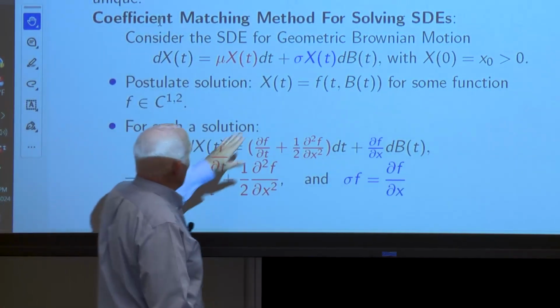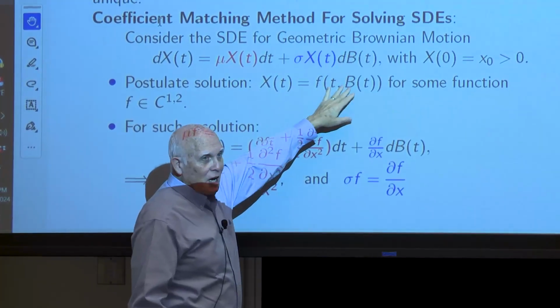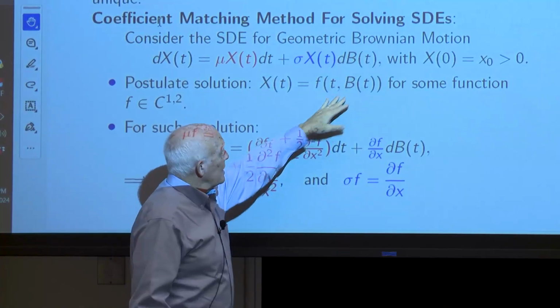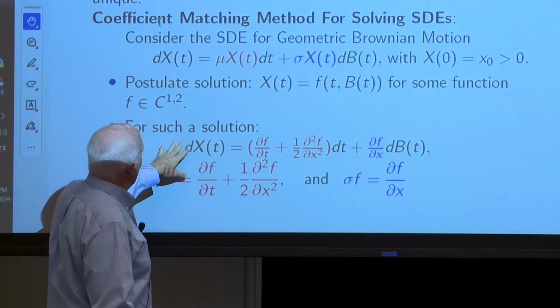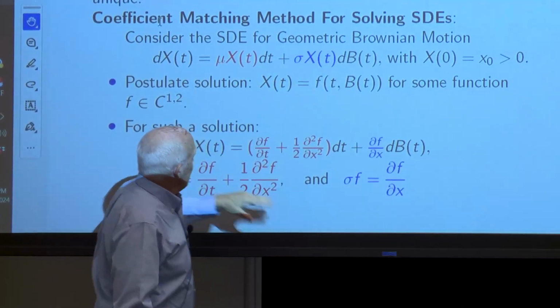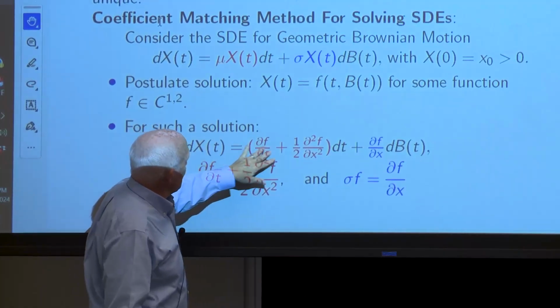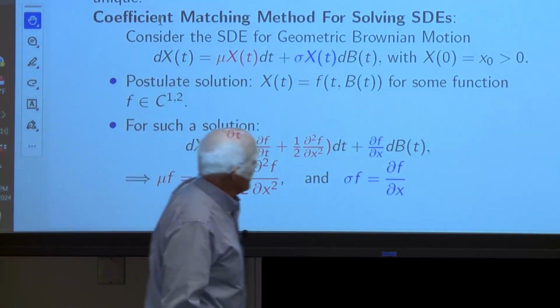Suppose we have a solution that's some function of time and the underlying Brownian motion. Let's apply Ito's formula to x of t, and we get dx of t is equal to this expression dt plus this expression dBt.